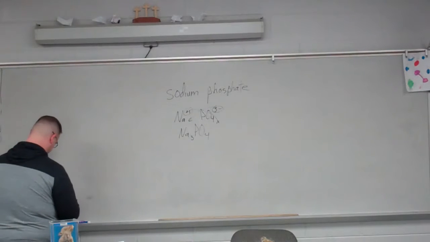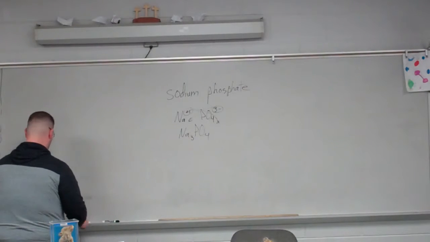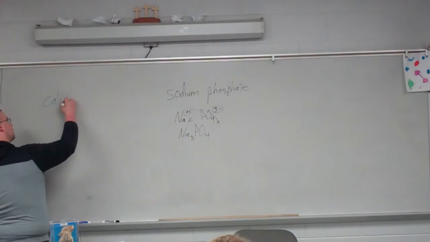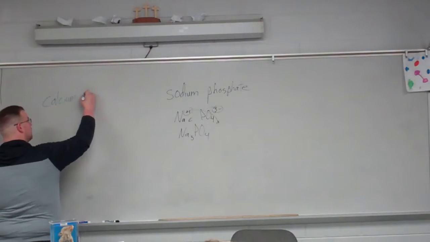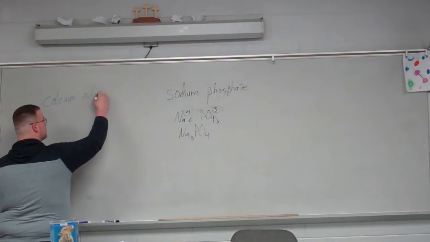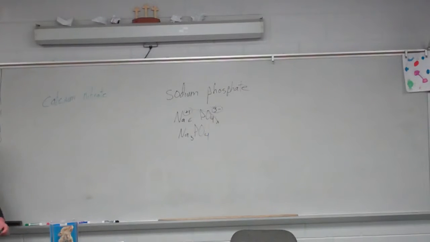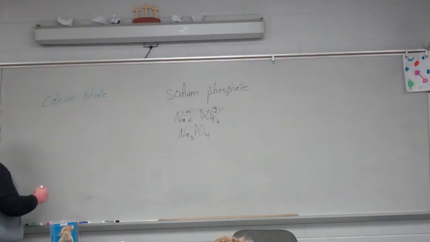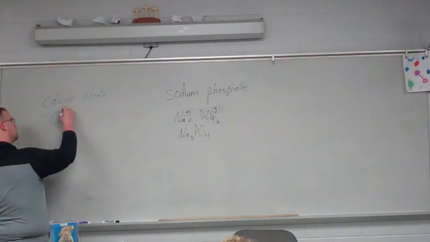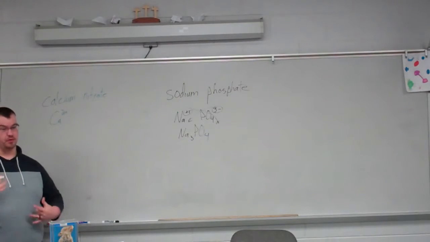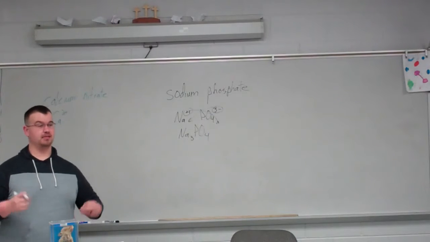Alright, so let's do this one. Let's do calcium nitrate. Now this is where things are going to change a little. What's the charge on calcium? +2. Hopefully by now you're starting to feel you can roll these charges off. You can look at that periodic table and grab them.